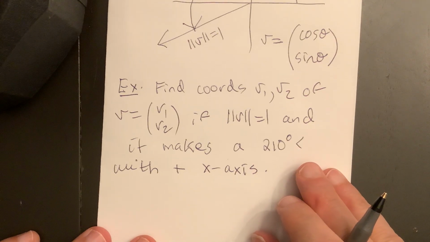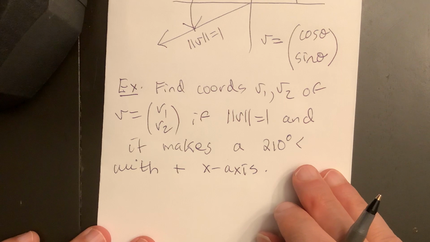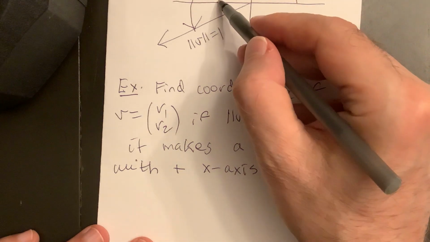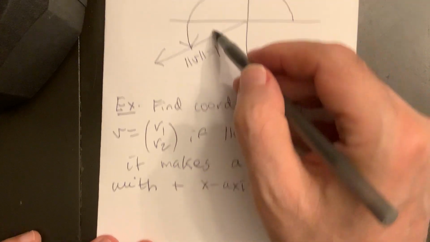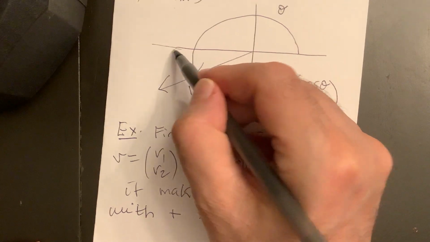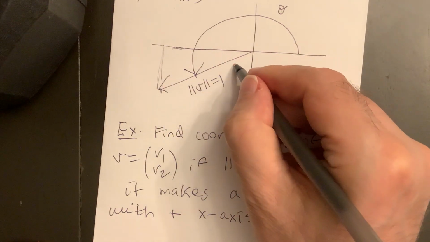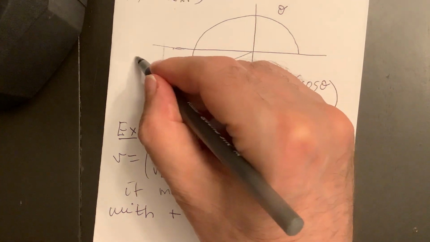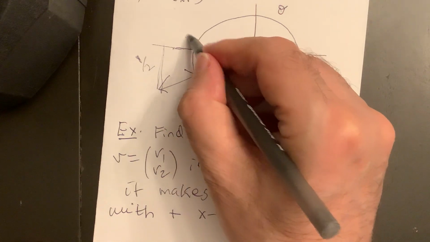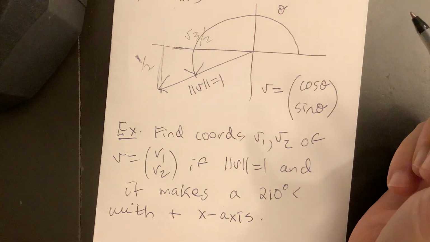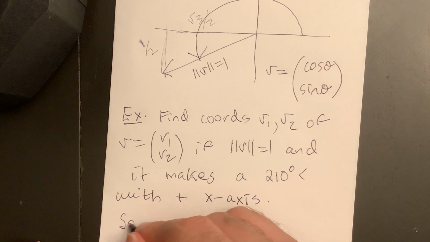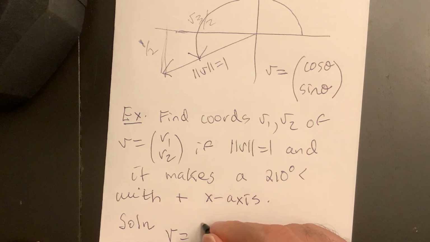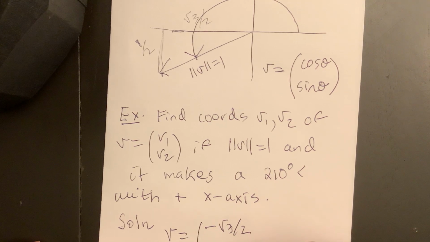Well, you just have to remember from high school that this would be a 30-degree angle here. This is 1. The length here is 1. So remember, the smaller is a half. And this would be root 3 over 2 here. So that's it. So a solution, v equals (minus square root of 3 over 2, minus 1/2).